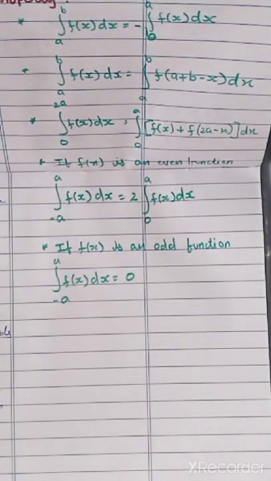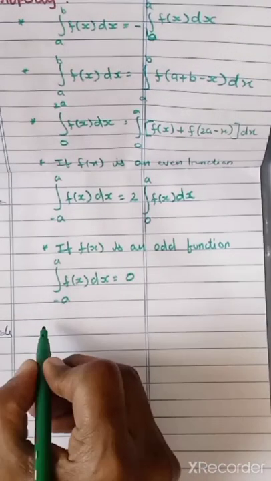So simple thing, just see the question. If the function is an odd function, directly you can give the answer as 0. If it is an even function, you can change the integral from minus a to a as 2 into integral 0 to a.